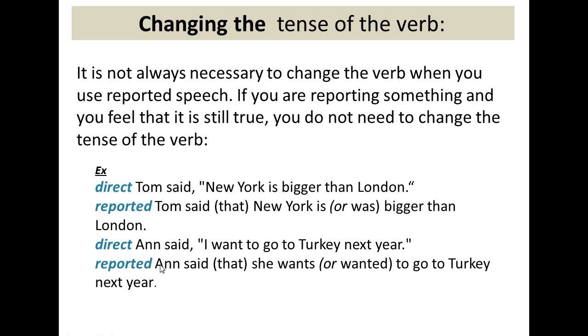Let's see an example. Here we have direct speech: Tom said, "New York is bigger than London." We all know that New York is bigger than London, and it is true.